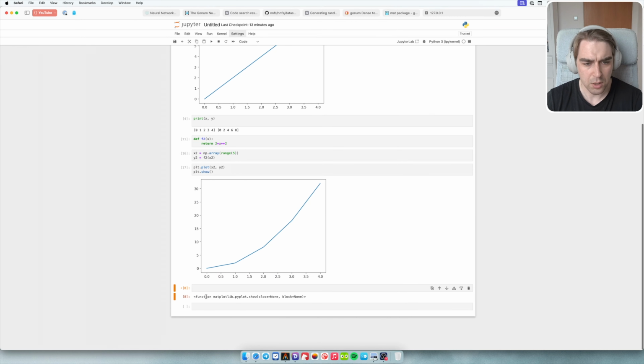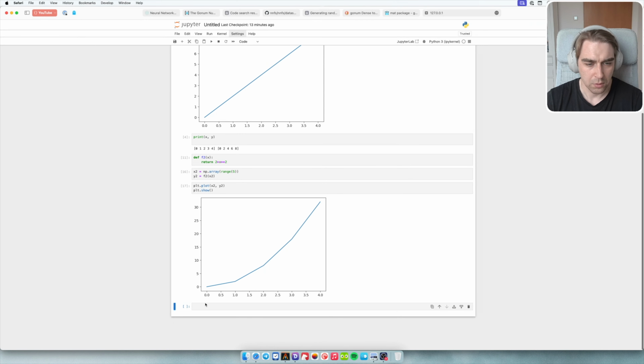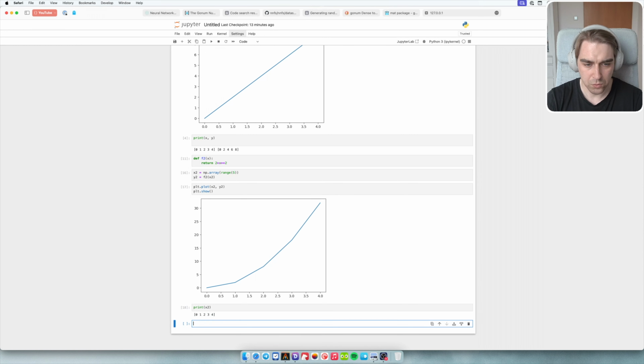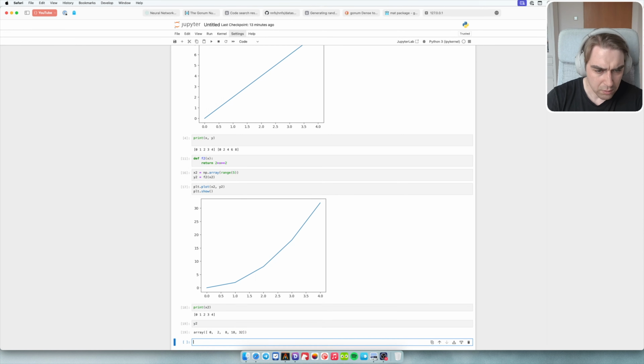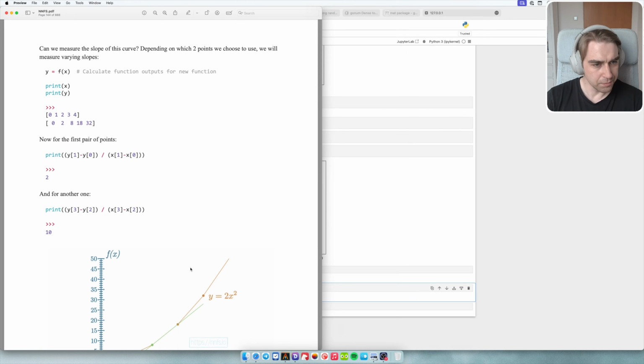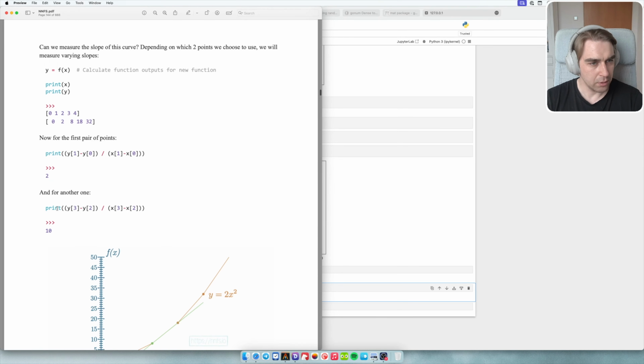So let's do the same, we can print it. Oh, yes, I can do it like this. I haven't used Jupyter in a while. And then we can calculate different values.